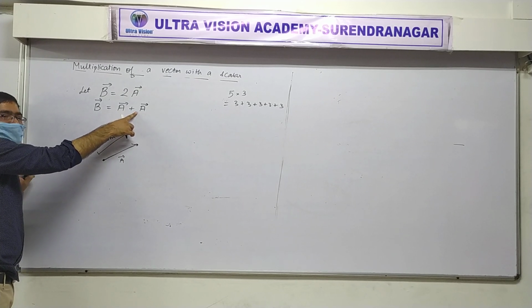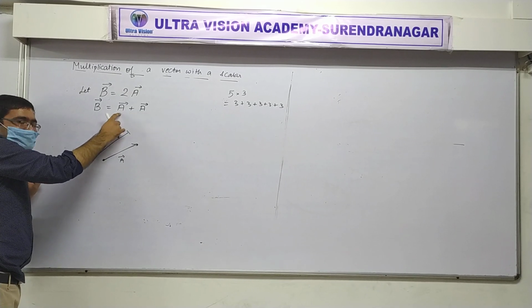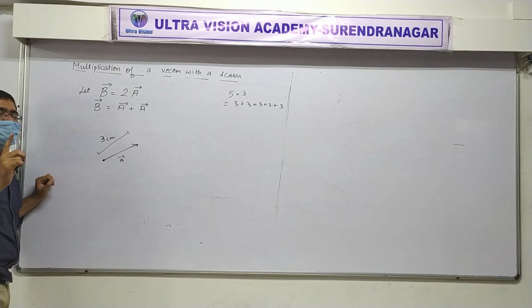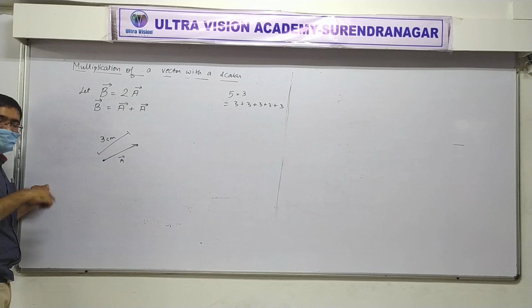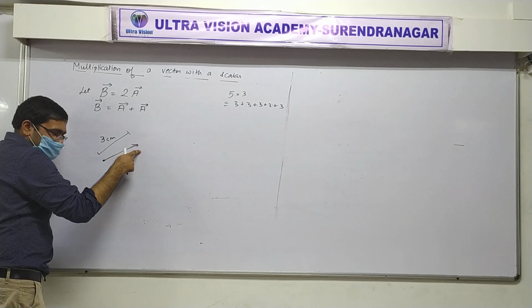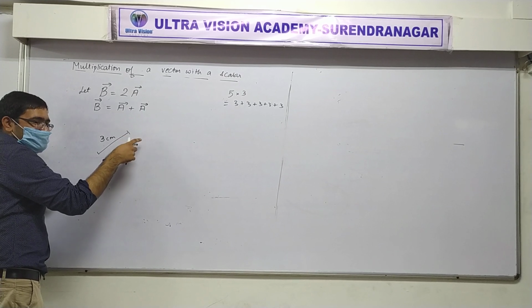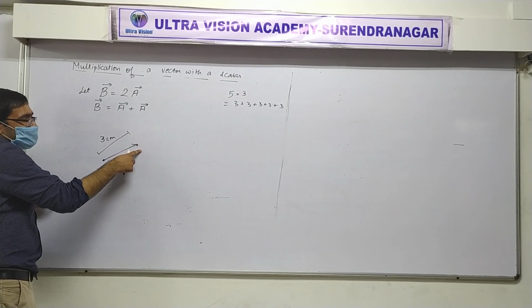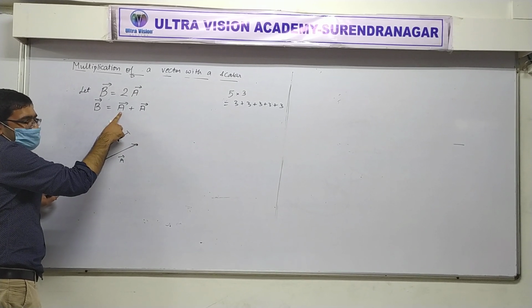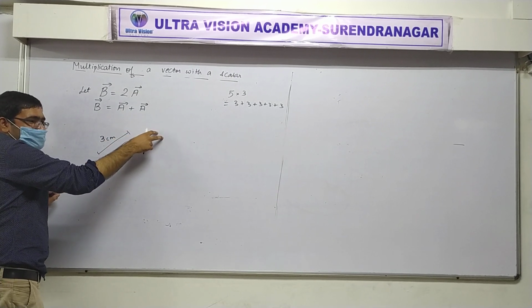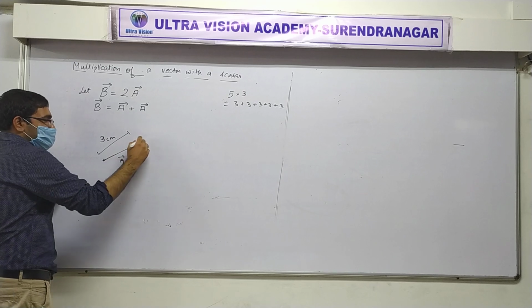We will use the triangle law of addition of vectors. Draw the first vector, then from the head of the first vector draw the second vector, which is also a vector. So we copy it.